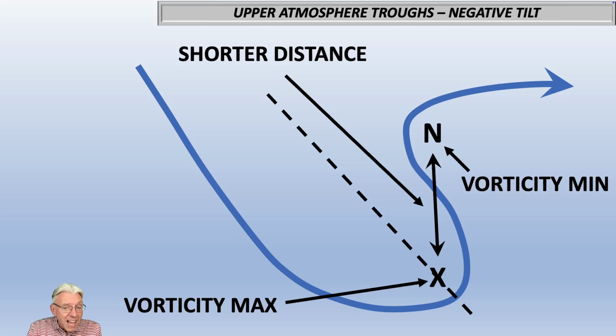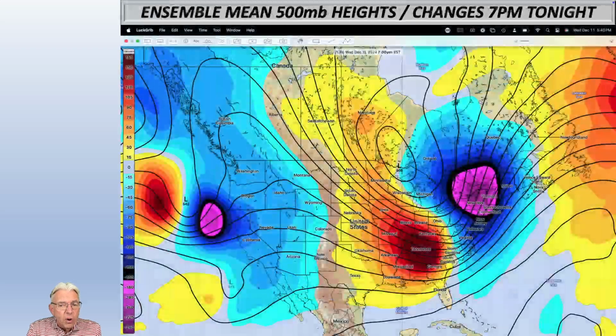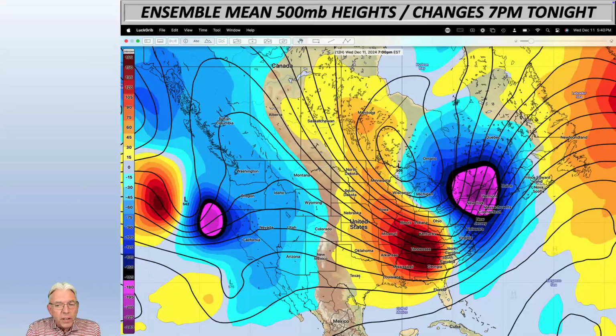And certainly today, the trough we were dealing with, no question, has a negative tilt to it. In fact, I've drawn in the axis there with that white dotted line. And again, ahead of the trough, we have very, very strong 500 millibar height falls. Behind it, very strong 500 millibar height rises. And notice how close together these two are.